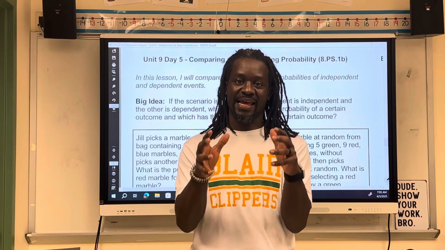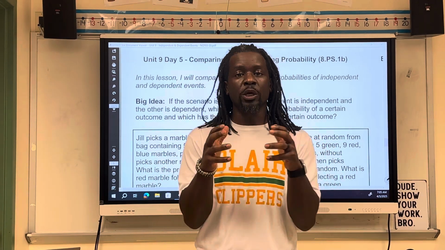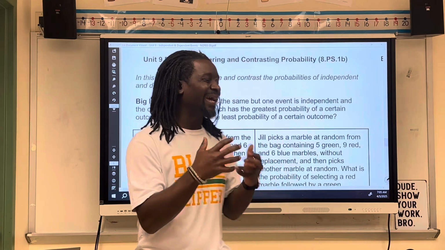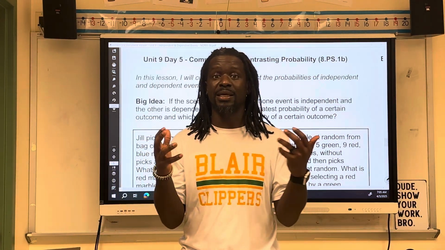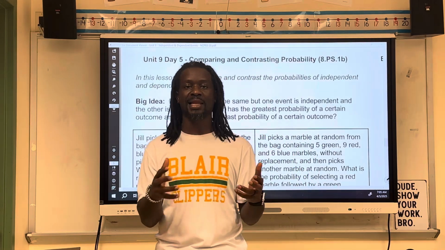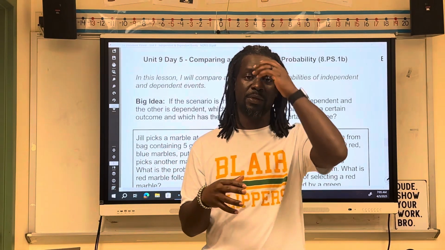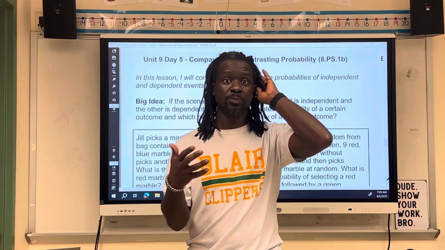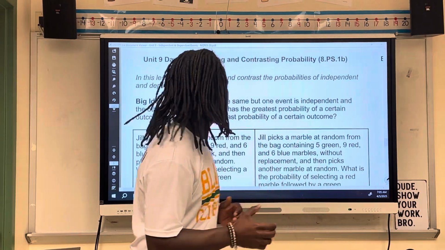This is the last and final lesson in this unit, and we are going to be comparing and contrasting the probability of independent and dependent events, okay? Over the last several lessons, we talked about the differences between independent and dependent events. We have found the probability, and this time in today's lesson, we are going to be comparing them, okay?